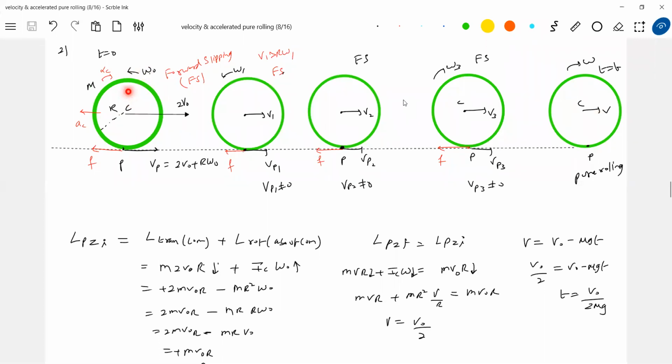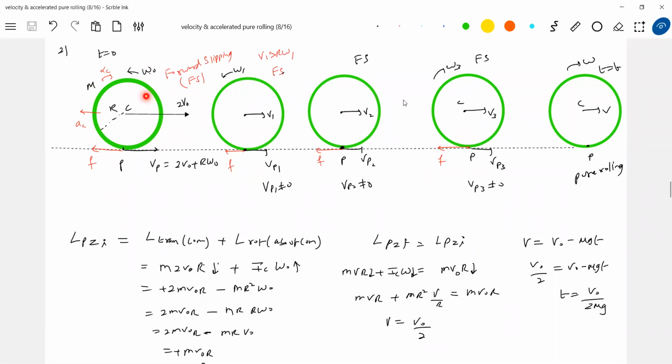These are all basics. We have done so many problems on rotational and circular motion. So the angular velocity keeps on decreasing, at one instant becomes 0, then first negative spin, 0, then positive spin.